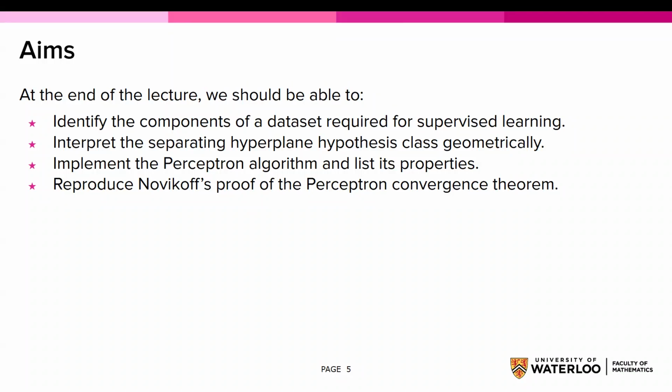We're also going to talk about a specific hypothesis class known as the separating hyperplanes that forms the basis of the Perceptron algorithm. And I'm hoping that you'll be able to interpret this separating hyperplane hypothesis class both geometrically and mathematically. You'll also be able to implement the Perceptron algorithm on its own, as well as list its properties.